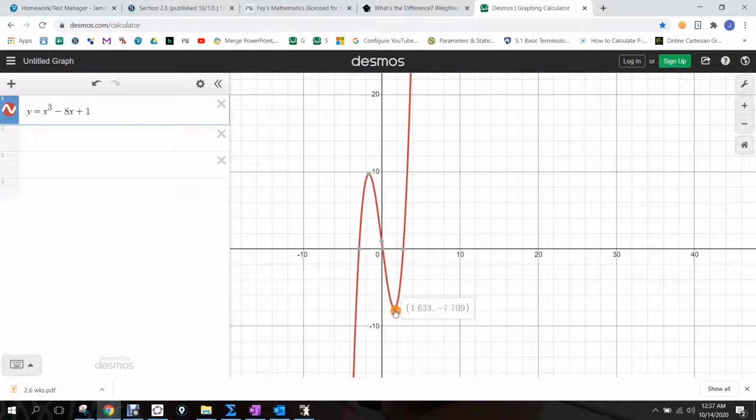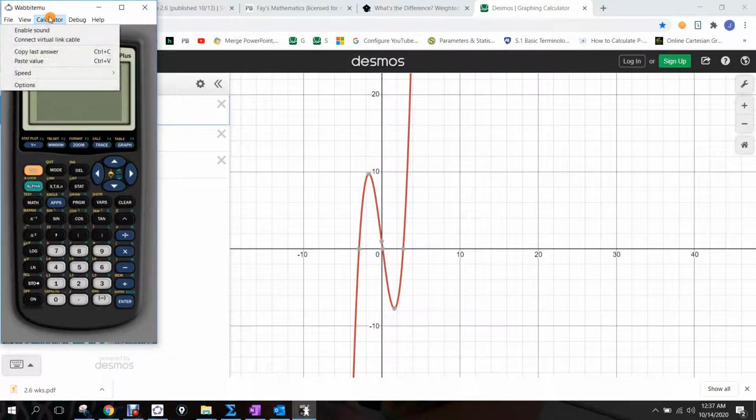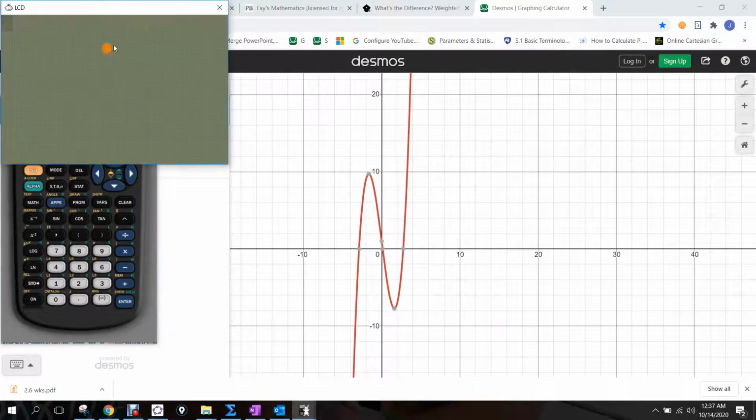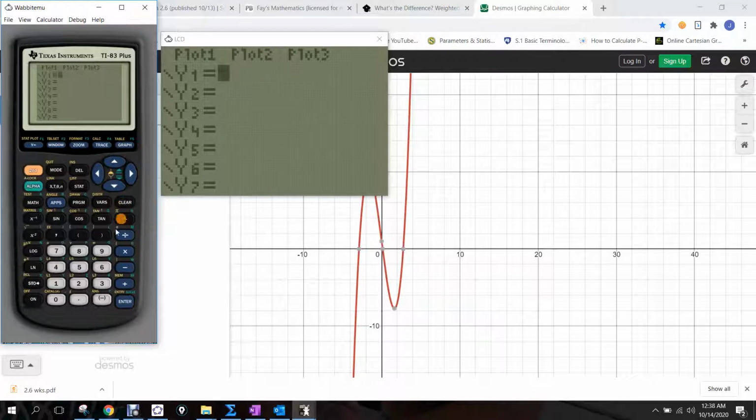Okay, so that's nice, but there are a lot of things that Desmos doesn't allow me to do, and one of those things I'll show you here in a moment. If I'm going to do this with my TI-84, I'm just going to show this one time, and then however many times you need to pause and review this, I'll let you do that.